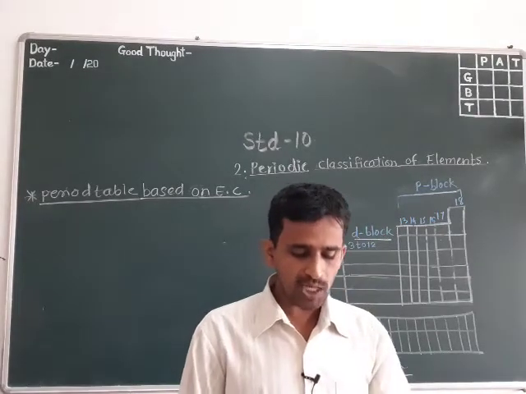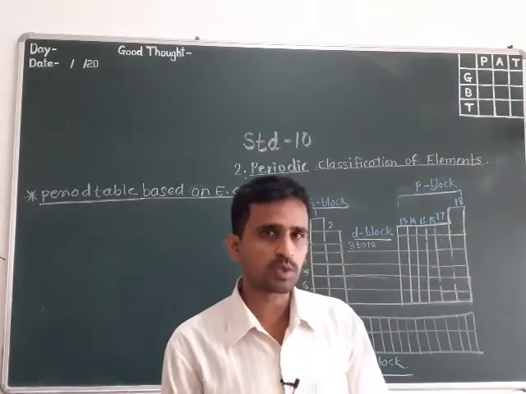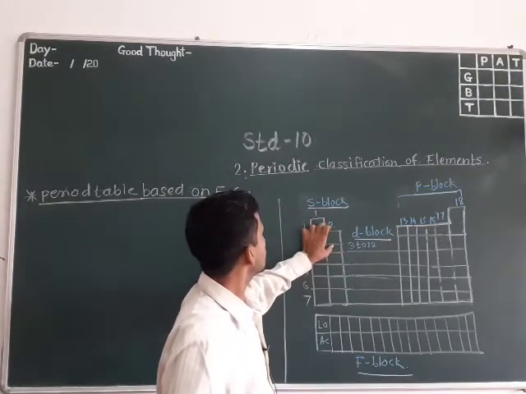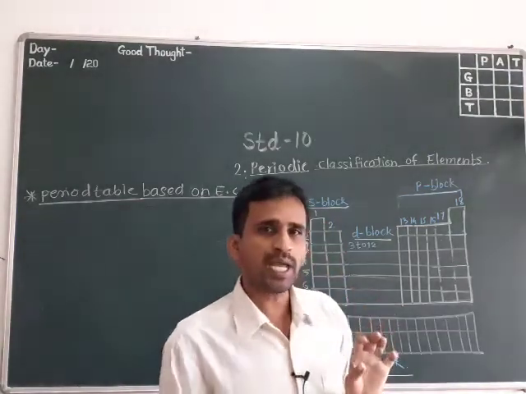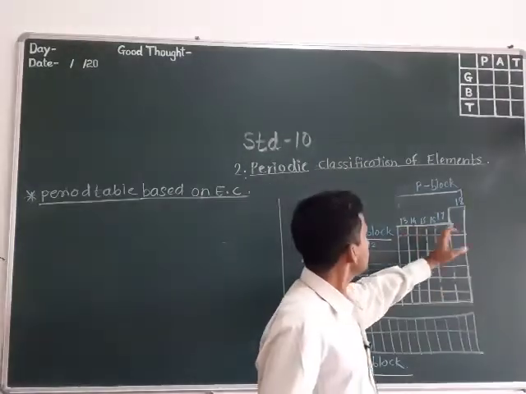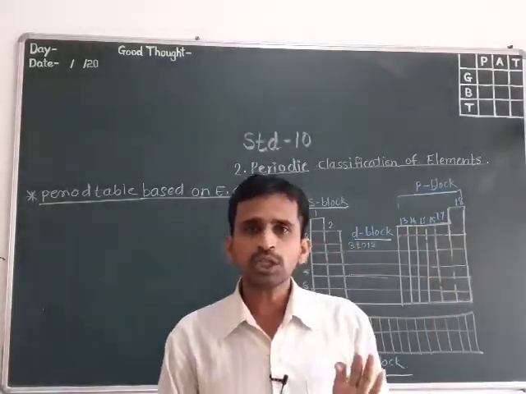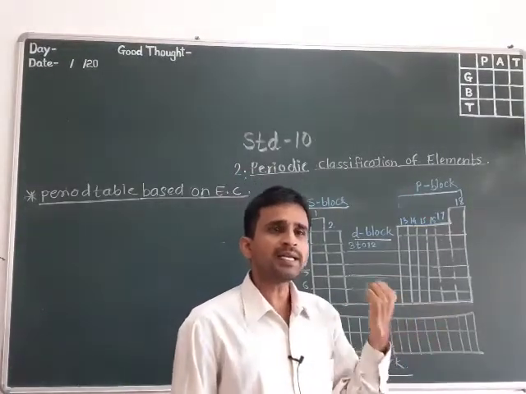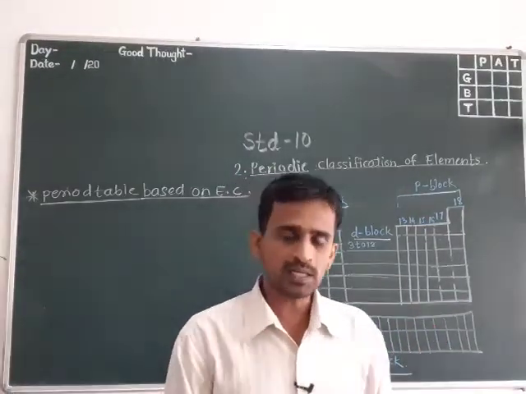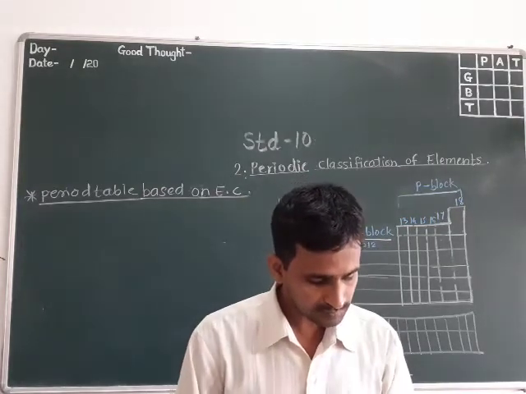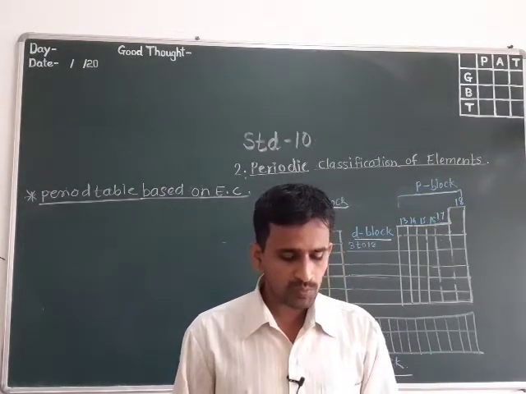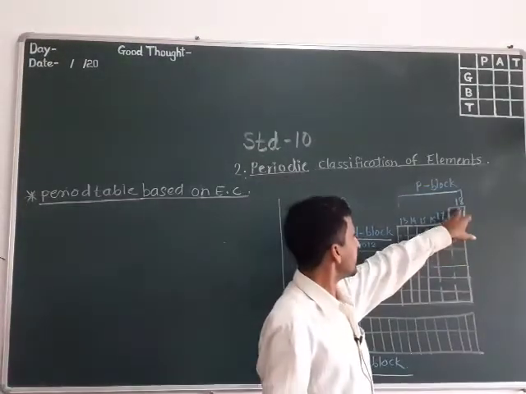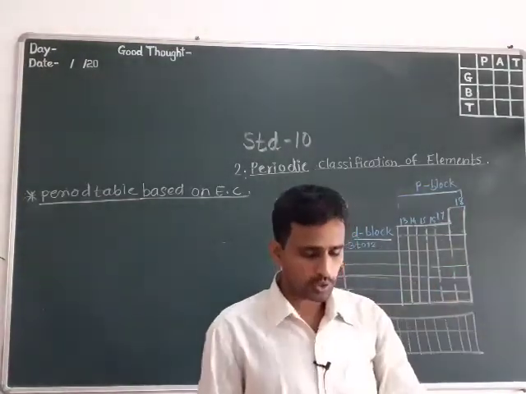These elements have the outermost shell incomplete. In the first and second groups the outermost shell has 1 and 2 electrons, and from 13 to 18 it increases to 3, 4, 5, 6, 7, 8. These elements have the outermost shell incomplete, except in the 18th group, the zero group.